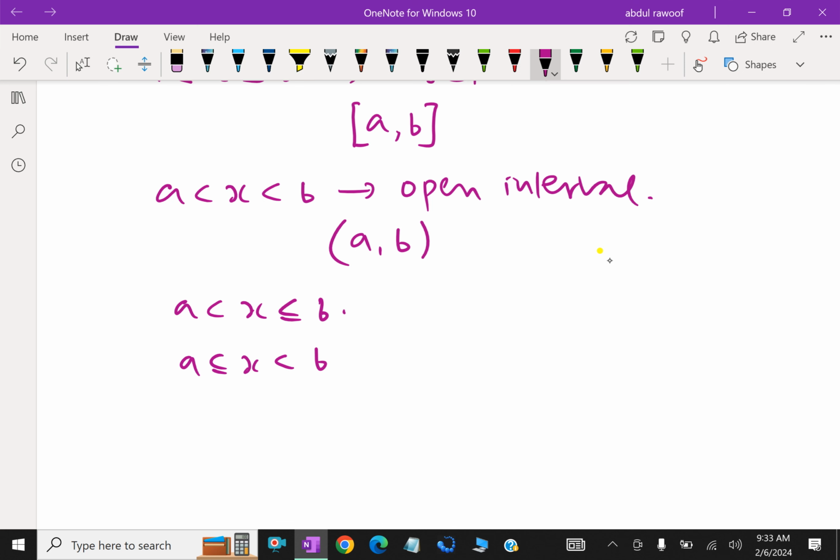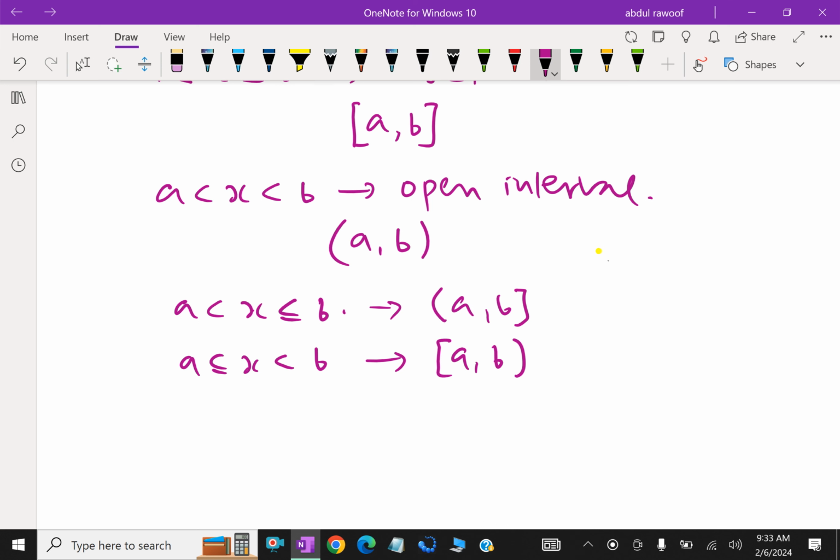Here one side is closed and the other open. These are called half closed intervals, because one side is closed and one side is open.